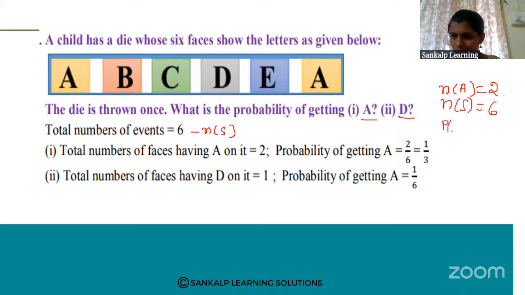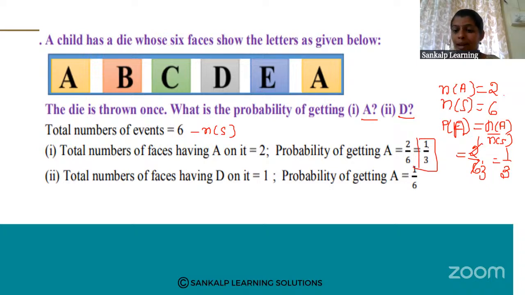Getting A is n of A divided by n of S, so 2 divided by 6. 2 ones are 2, 2 threes are 6, you will get 1 divided by 3. This is the probability of getting A.